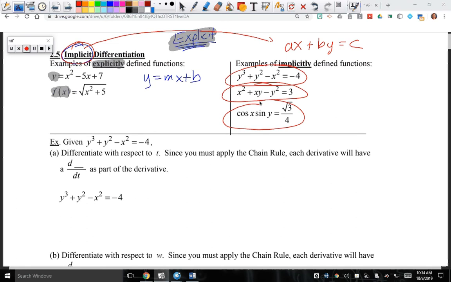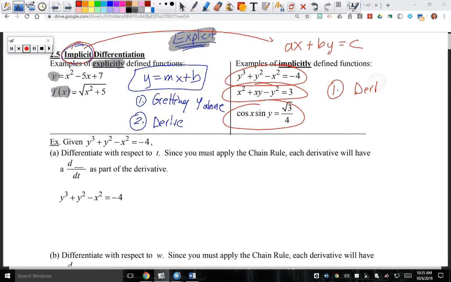So what you've been doing is getting y alone first, and then taking the derivative from there. Implicit, you derive first, right?